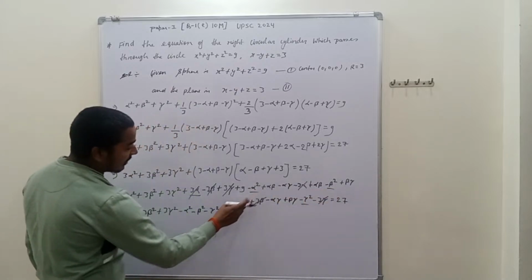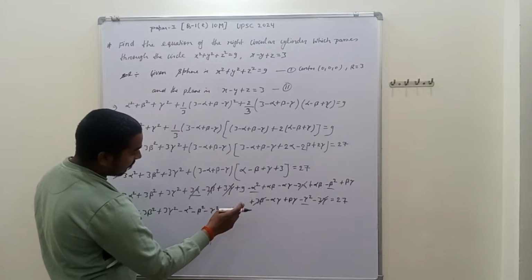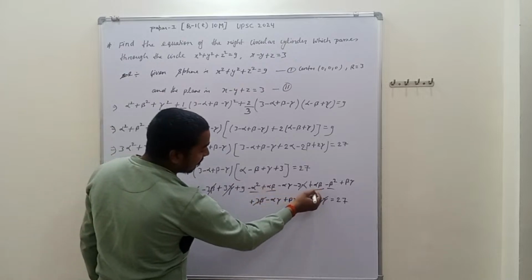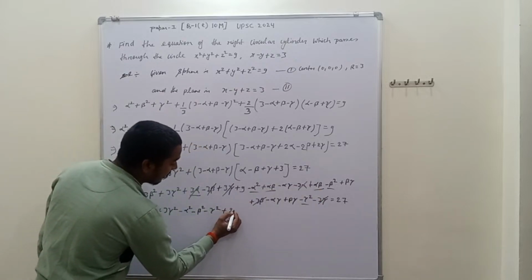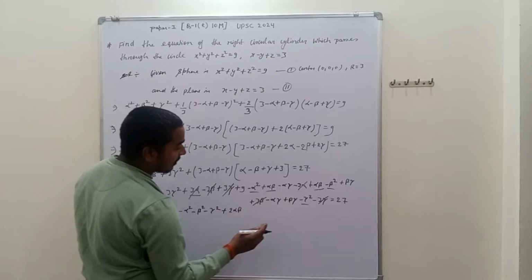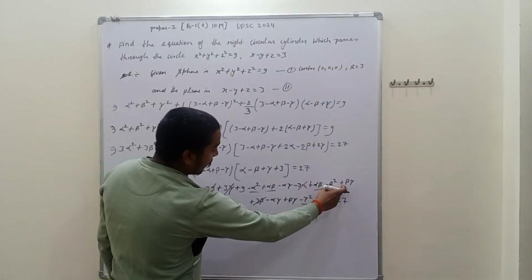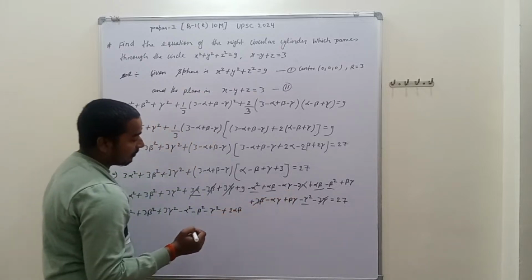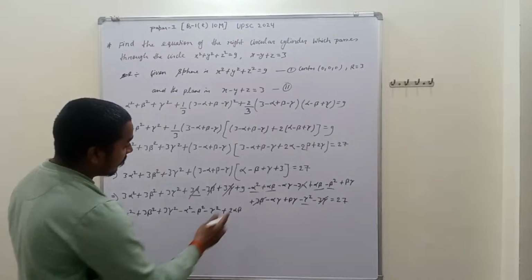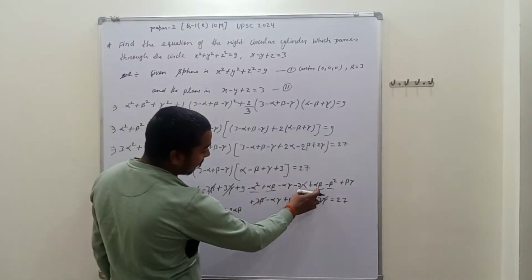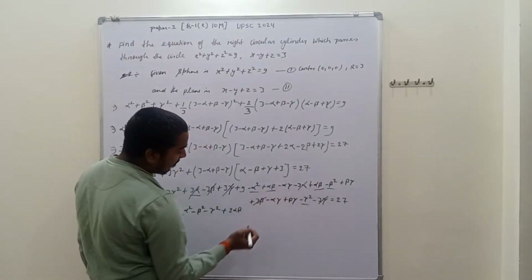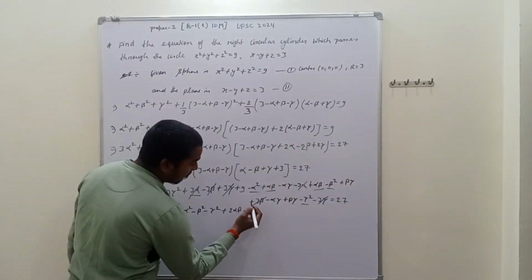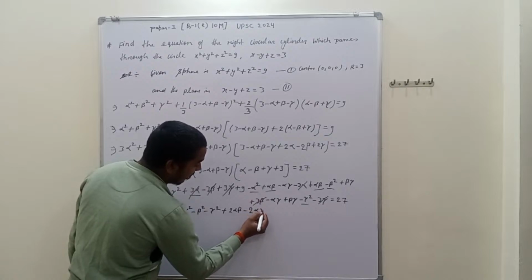Further we write alpha beta and alpha beta, that is plus 2 alpha beta, and plus alpha beta, plus alpha beta and plus 2 alpha beta, and minus alpha gamma and minus alpha gamma, that is minus 2 alpha gamma.